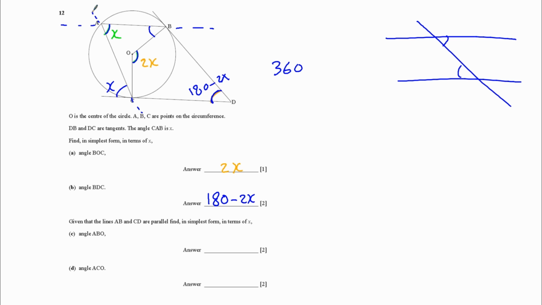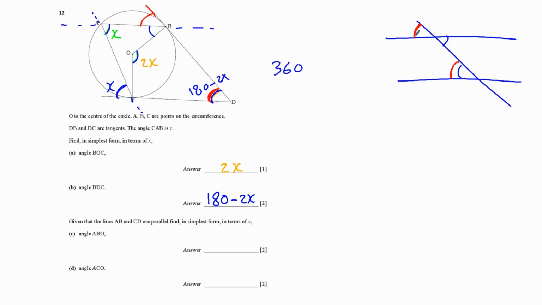Another use of the parallel lines here: AB is parallel to CD, now this side. I'm going to change the color here to show the angles. So this angle here is equal to this angle. Again, with two parallel lines and an intersection, that is similar to saying that this angle equals that angle.